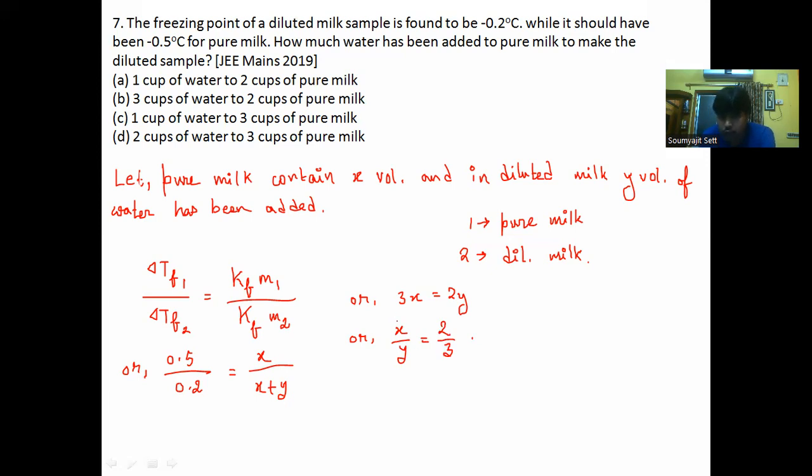That means 2 volume of milk with 3 volume of water. 2 volume of milk plus 3 volume of water. That means which option is correct? That is option 3, option C. B. 3 cups of water, 2 cups of pure milk. So B is the correct option. Okay.